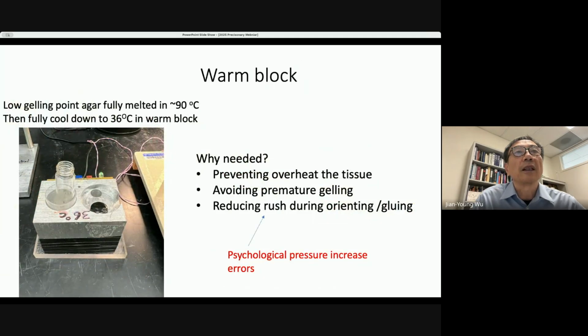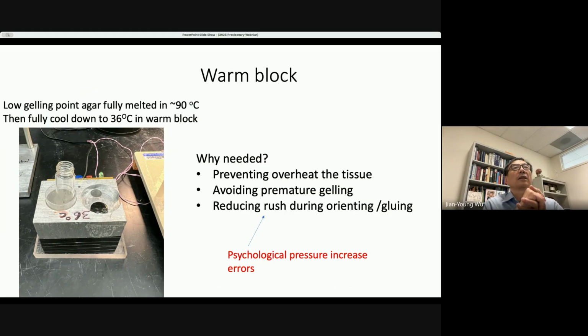The second thing we have is a warm block. It's a piece of metal with a little temperature-controlled heater to keep it at 36 degrees. We can use anything at 36 degrees, like a water bath, for this purpose.